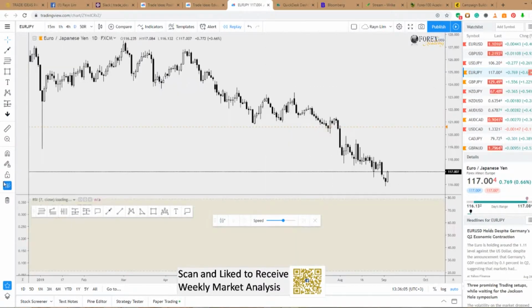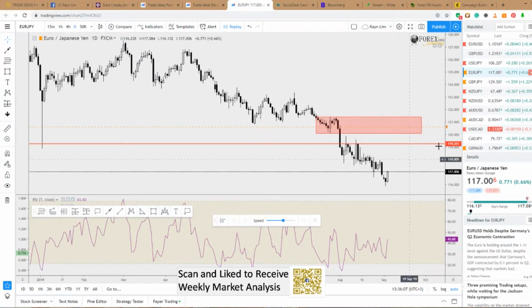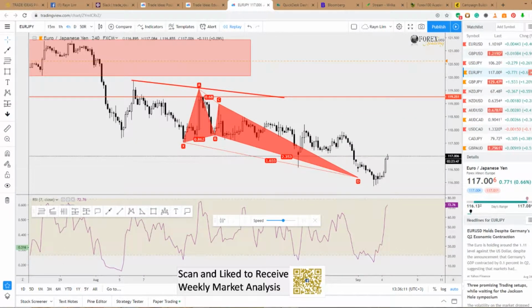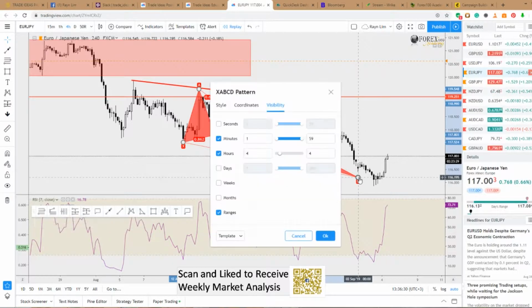Back to the daily chart, I'll share with you my analysis. Very simple sell zone over here. To the 4 hour. On the 4 hour chart, there is this crab pattern. So if you have engaged the trade, great for you. If you have not, it's fine, you can wait for a retest. Yeah, so there was a crab pattern.